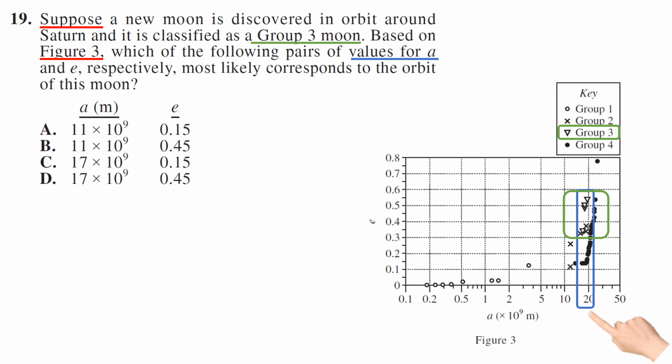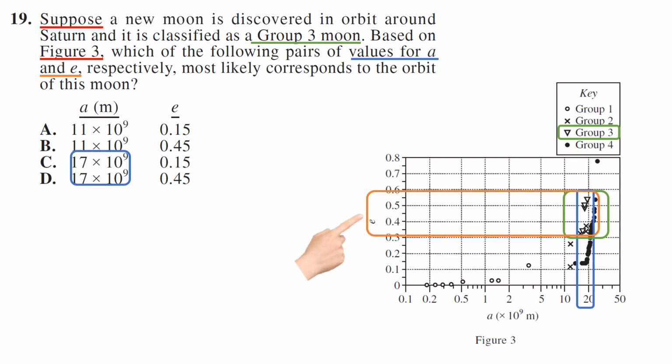So let's go. The A value is going to be a little bit like 15 to 20, right? So that's going to be either C or D. And the E value is going to be 0.3 to 0.6. So it's going to be choice D. It's going to find something that falls in each of those ranges. So answer is D.